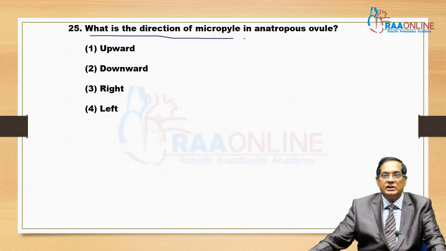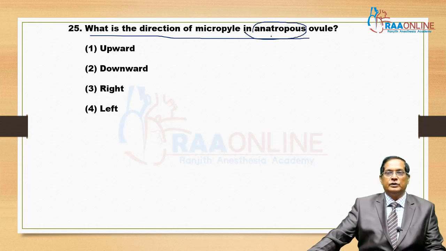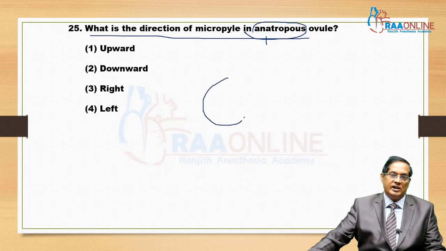What is the direction of micropyle in anatropous? Anatropous ovule is the most common type of ovule. This is the nucellus of ovule, covered by integument 1 and 2.